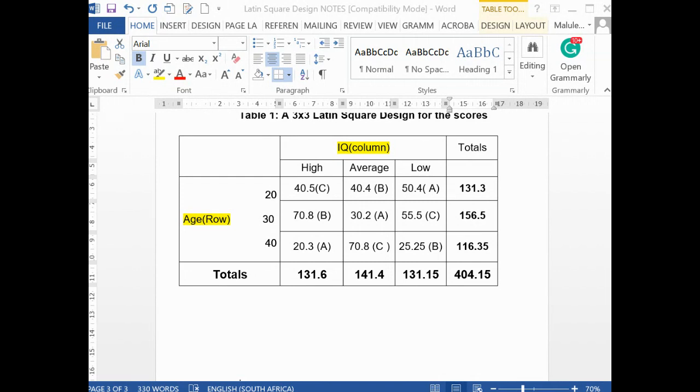Pumulo. Chris. Chris, are you done copying the values? Yes, sir. No, just 2 seconds.